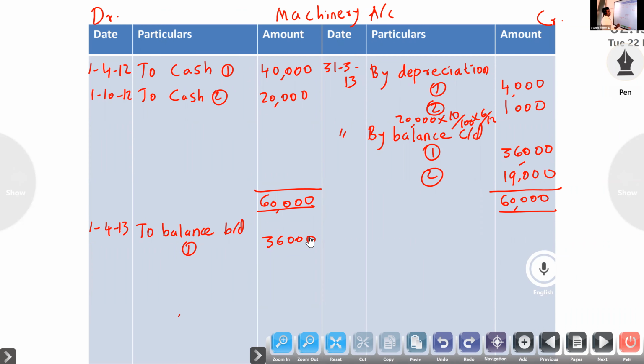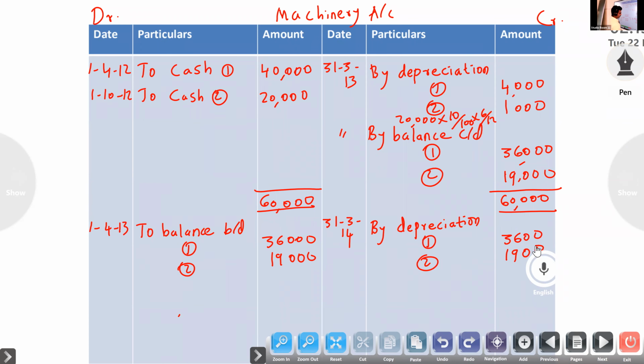136,000 to 19,000. Now 31st March 2014, by depreciation 13,600 to 1,900.